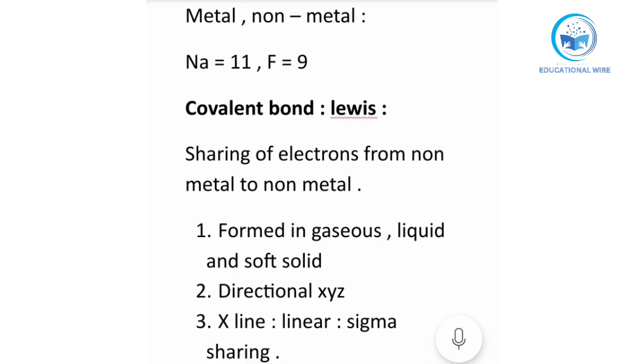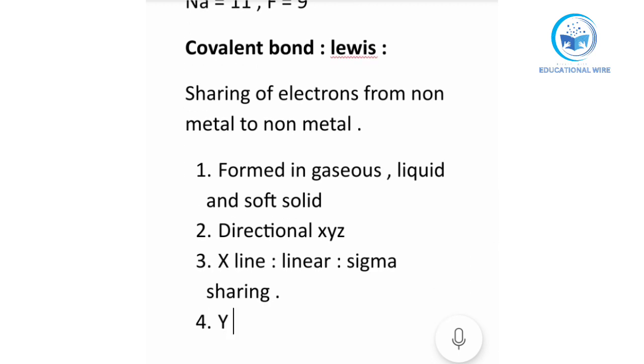Sharing from the x-axis is called sigma sharing. Sharing from the y-axis is called a pi bond, and it is parallel. Z is also the same, so we should write y and z together. Y and z both have the same properties, that they are parallel and called a pi bond. So the first one is the sigma bond, the second one is the pi bond.